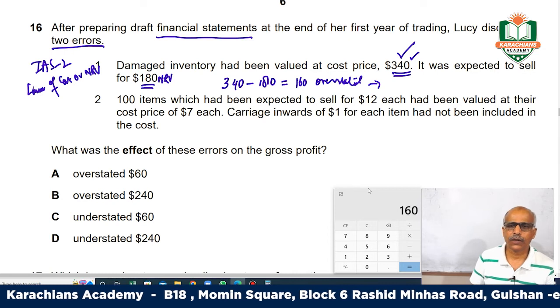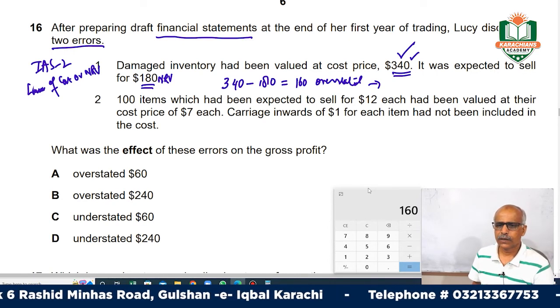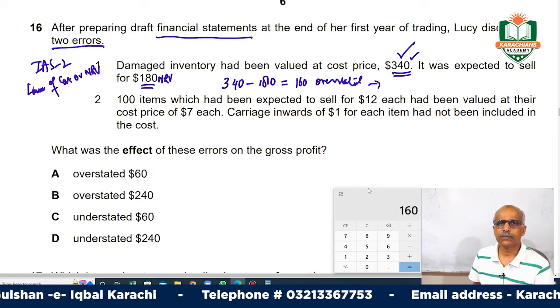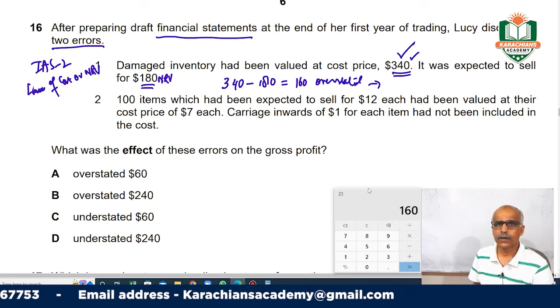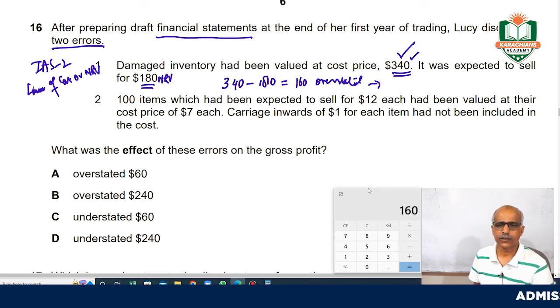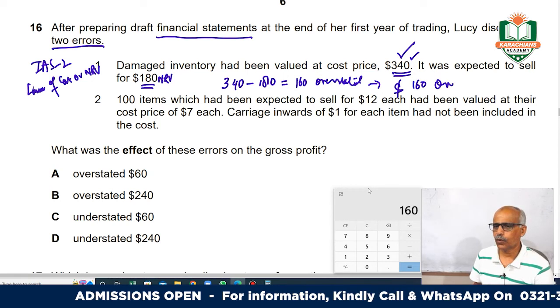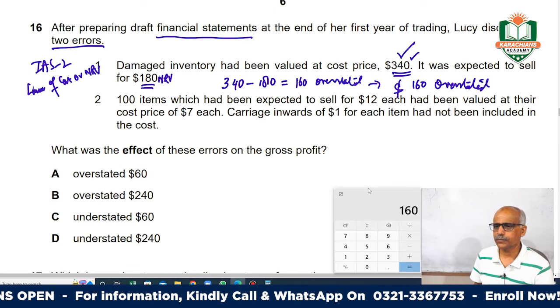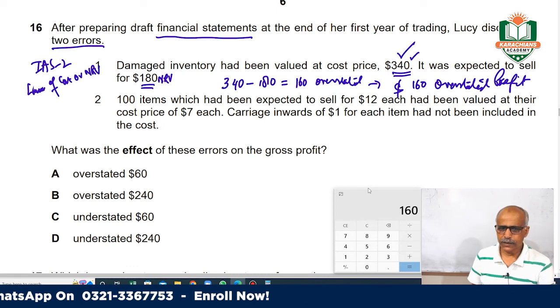And a very simple logic is that if you increase your closing inventory, you will increase your profit. If you understate your closing inventory, you will understate the profit. So closing inventory has a direct relationship with your profit. Here you increased the inventory by $160, which means you overstated the profit. Okay, this one is clear.